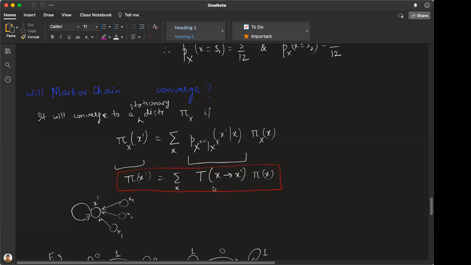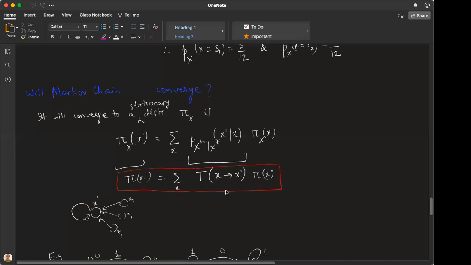So basically, these are temporal evolutions: you are jumping at every time. And these are the spatial distributions: how different states are, how probable the different states are. If this condition is satisfied, then it is a stationary distribution pi, which results from these transitions.